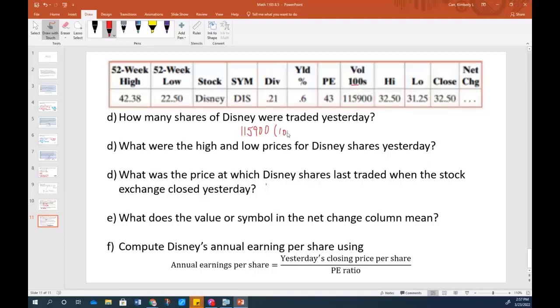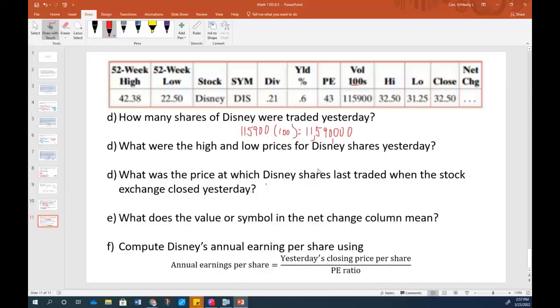So you need to multiply that by 100, which ends up sticking 2 more zeros at the end, or moving that decimal over 2 more places. So now if I put commas in there, we see that yesterday they traded 11,590,000 shares of stock yesterday.